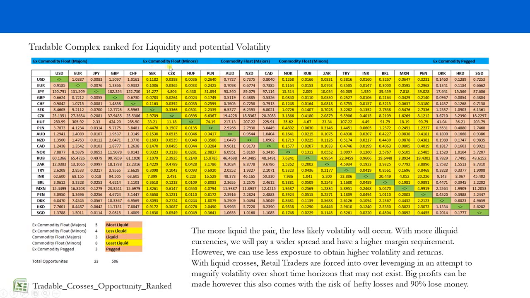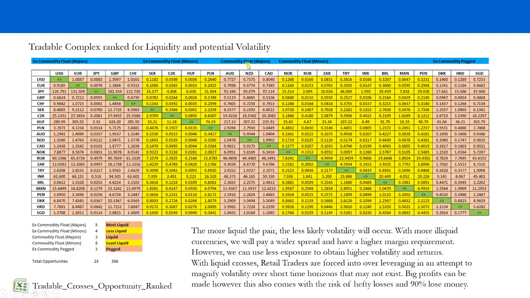We have here the ex-commodity floating minors. So these are currencies that are available on a lot of retail brokerage trading platforms. But they're defined in our set as floating regime currencies that don't have significant commodity exposure and diversity in their exports, but they're considered by the retail brokerage platforms as minors, so minor currencies.